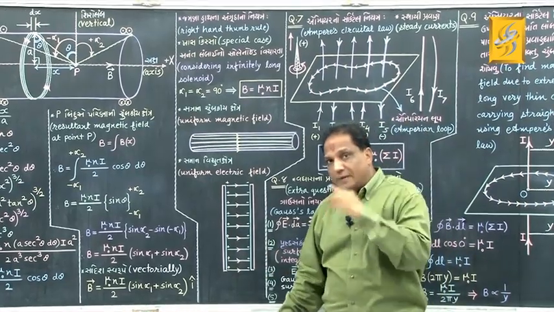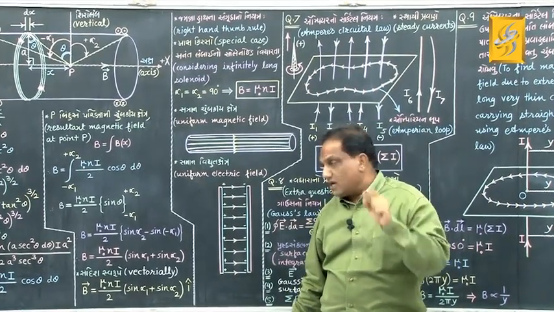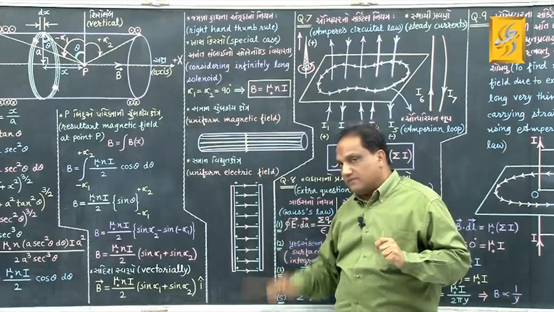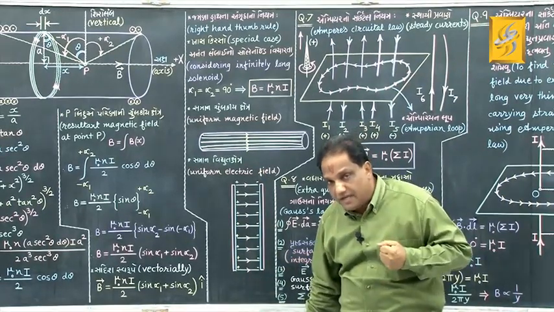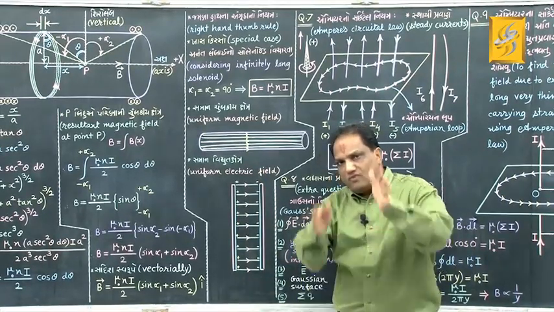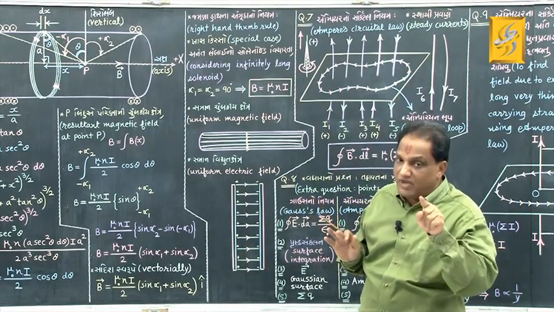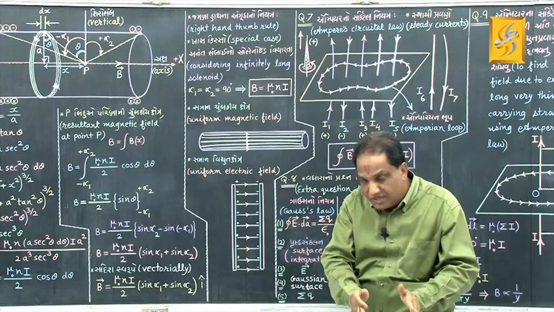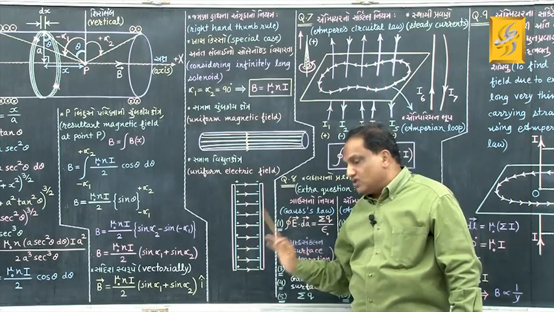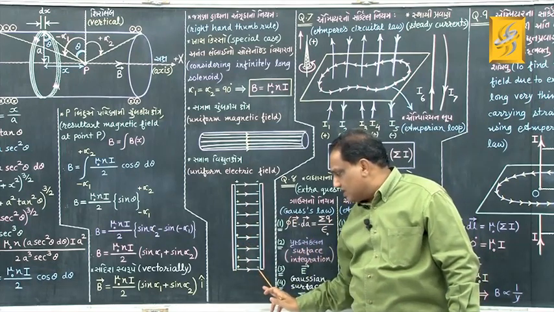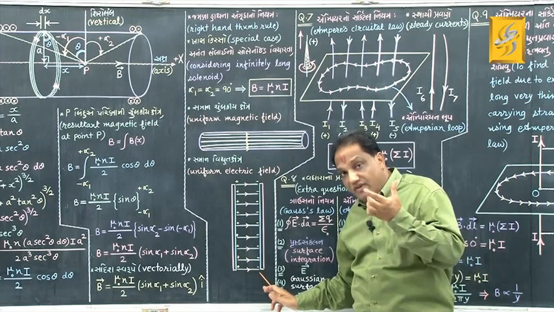If you have remembered, in chapter number 2, we had talked about uniform electric field, and how you could get it practically: with the help of a very large parallel plate capacitor, in which the plates are very large, and compared to the dimensions of the plate, the perpendicular separation between the parallel plates was taken very small.